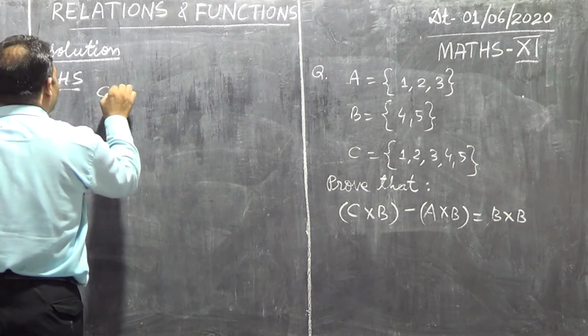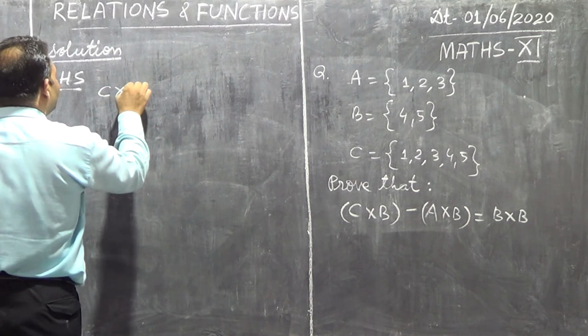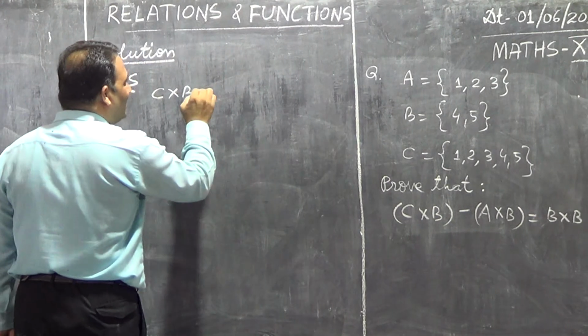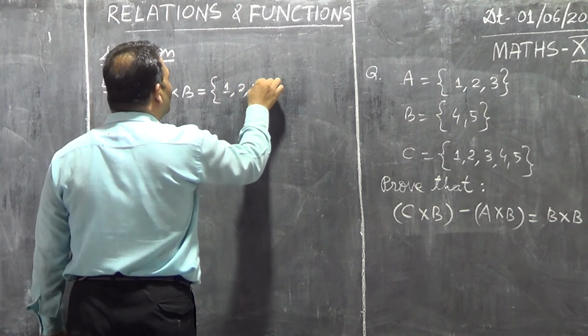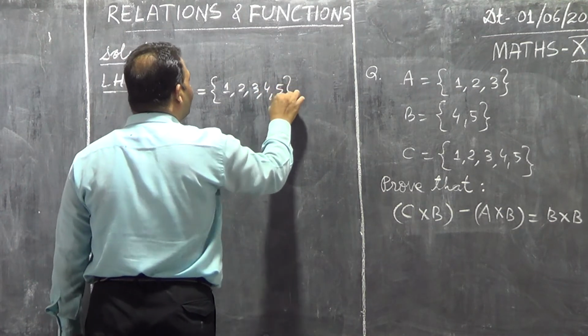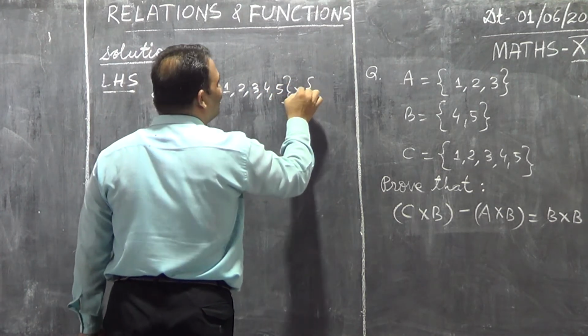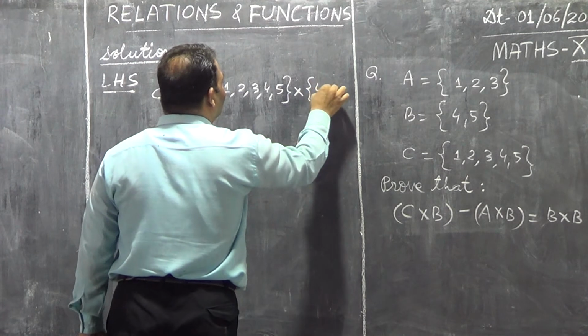So C cross B, C equals 1, 2, 3, 4, 5, and B equals 4 and 5.